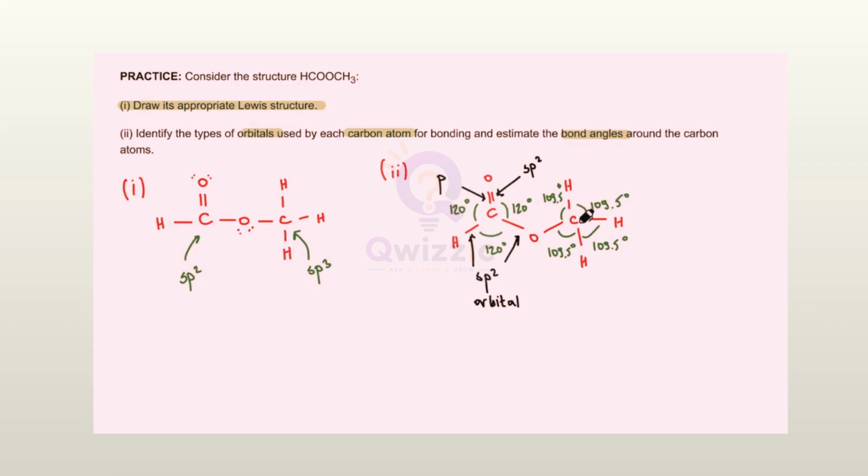And now considering the other carbon, essentially we have 3 carbon-hydrogen bonds. They are all sigma bonds because they are single bonds, and therefore they will correspond to the actual hybridization, which is sp3.